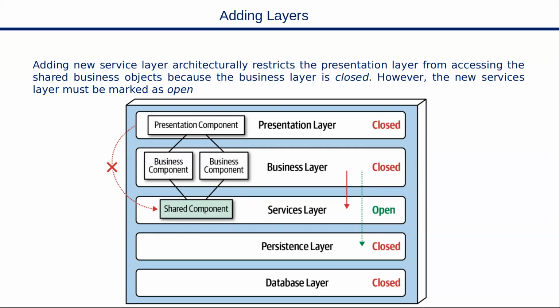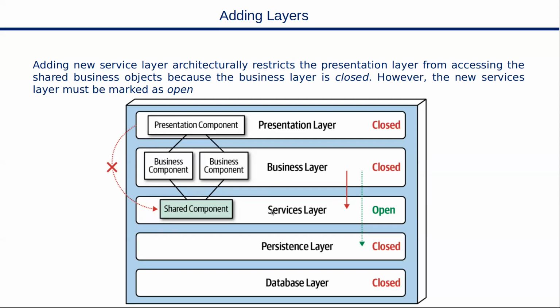So if we do not make it open, then the business layer will be forced to go through the service layer to access the persistence layer. Marking the service layer as open allows the business layer to either access that layer, this red line, or in some cases bypass the layer and go to the next one down.